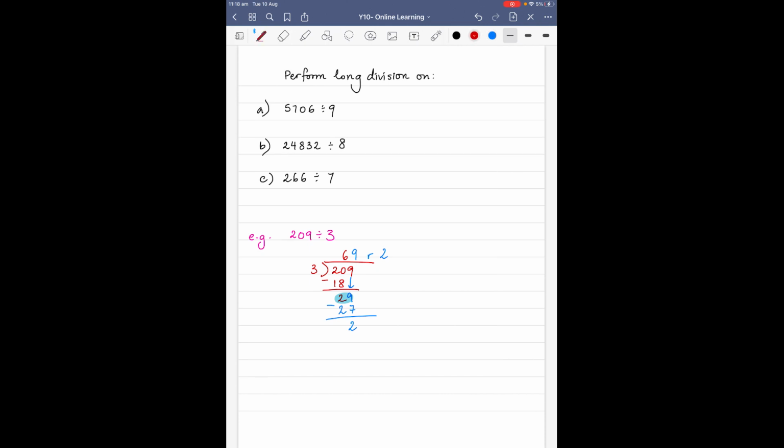So if I was to rewrite this in terms of an equation, we know that 3 times 69 plus 2 will give us 209.